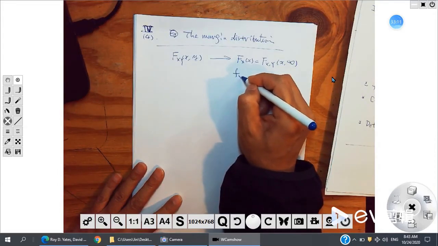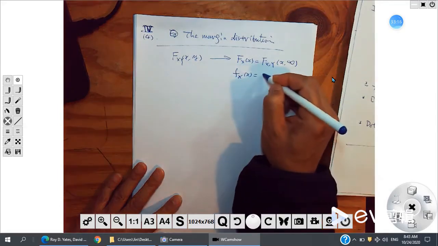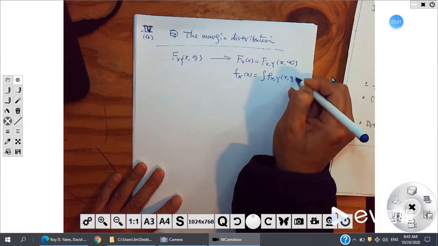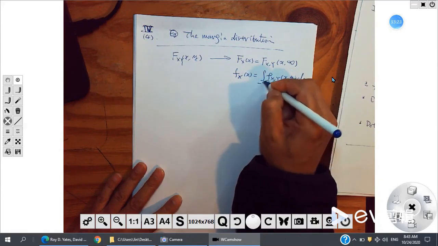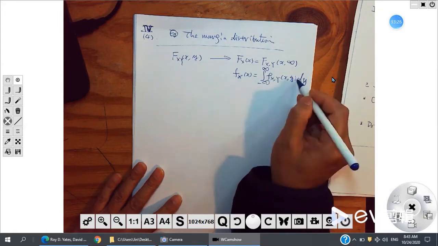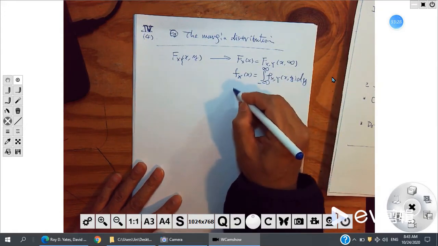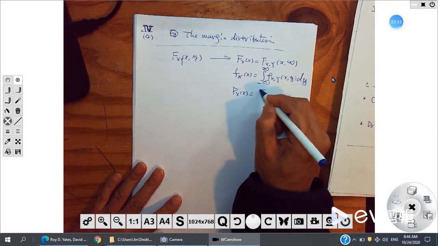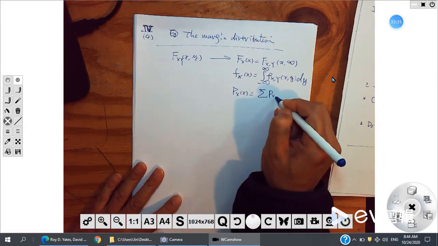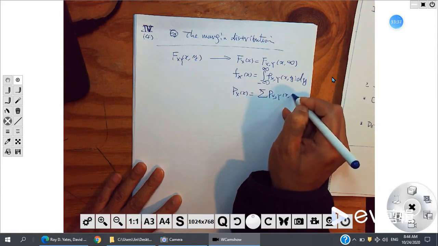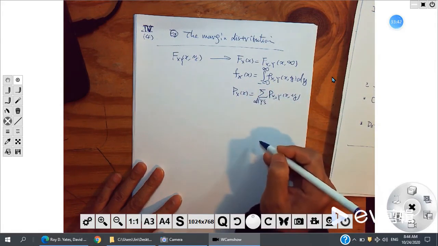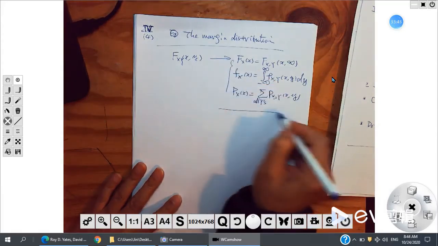For the density function, f of x will be the integral of f(x,y) dy. You integrate over y, so after integration you only have x. And for p of x, this is the summation of p(x,y) over all y's. This is their marginal distribution.